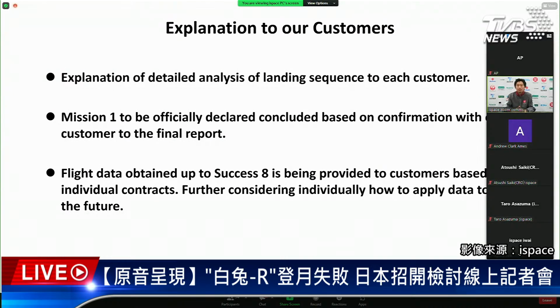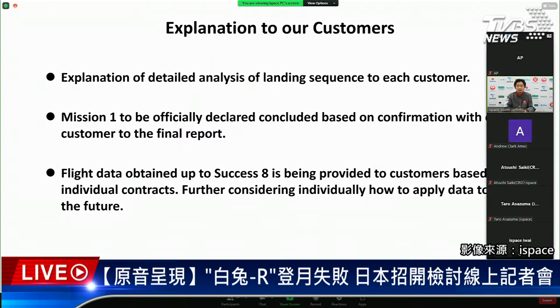Regarding the communication with customers, we have been explaining the detailed analysis of the landing sequence to each customer, like today. Mission 1 is to be officially declared concluded based on the confirmation of the final report with each customer.